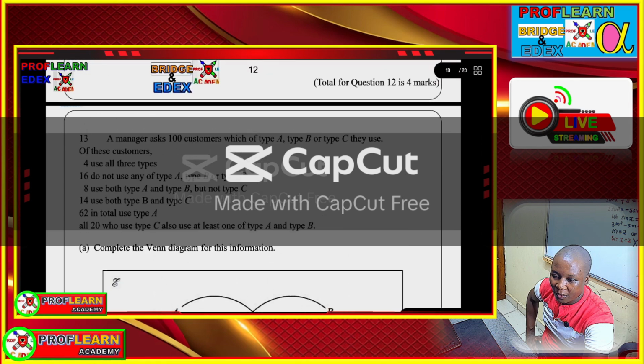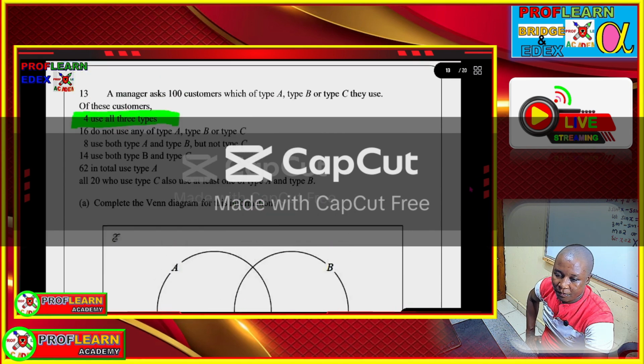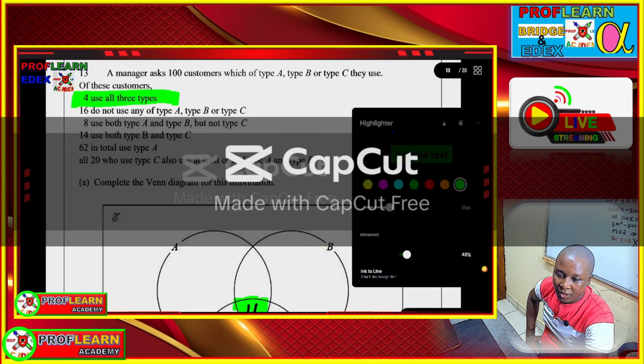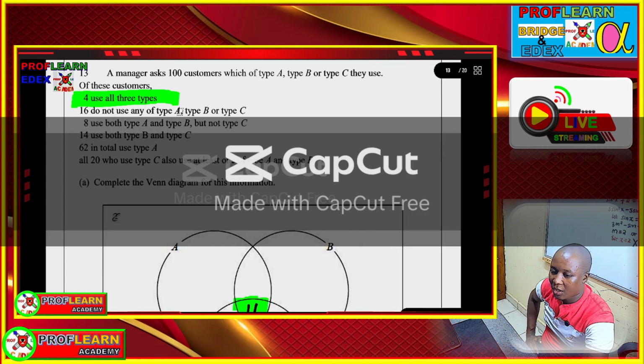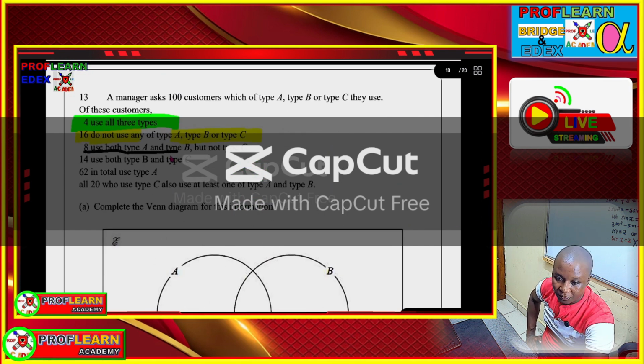The three types is this region, and so we are going to say this is 4. Then 16 do not use any of A, B, and C, so that's their complement. It's outside. 16 do not use any, so they are going to be outside the three sets. So we are going to have 16 out here.